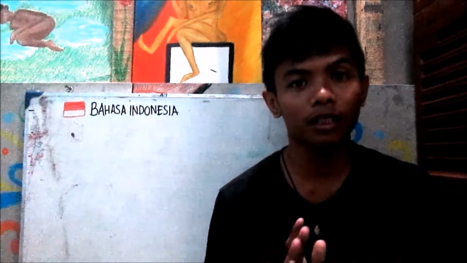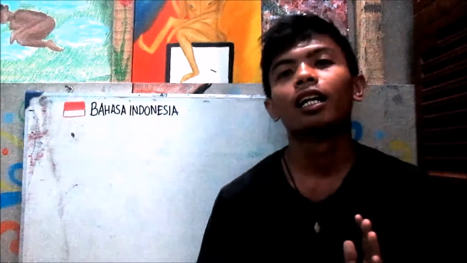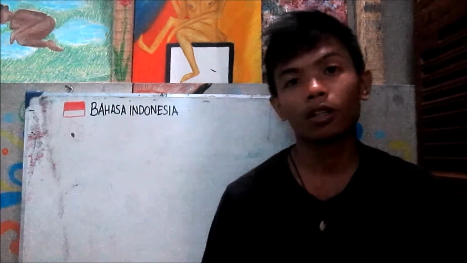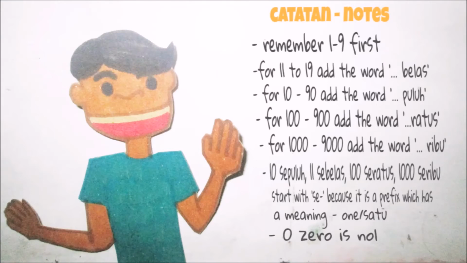It's not complicated, right? I'm going to talk about the prefix, suffix, affixes later in another video because it's quite complicated. So now I just want you to know that the se in those numbers means 1. So you get the idea.